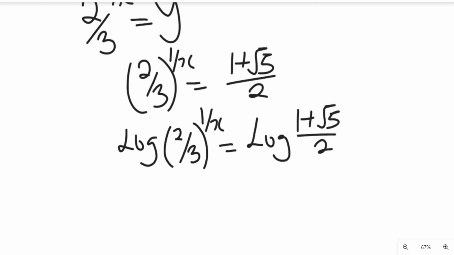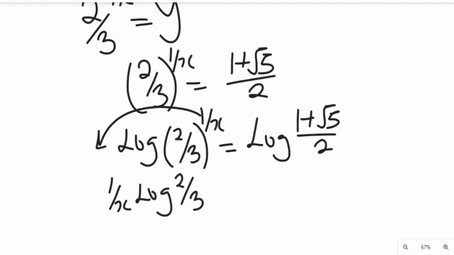divided by 2. So according to the laws of logarithm, the power comes here to give us 1 divided by x log of 2 divided by 3. This will be equal to log of 1 plus root 5 divided by 2.